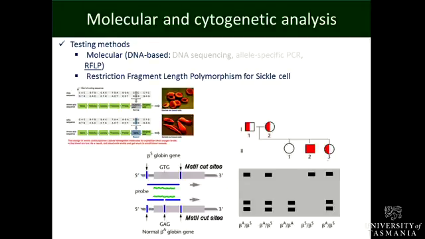A lot of diagnostics in disease states, cystic fibrosis, sickle cell anemia can be identified through what's called restriction fragment length polymorphisms. So do you remember what restriction enzymes are, guys? Bacteria produce those enzymes. They're like the bacteria's immune system.